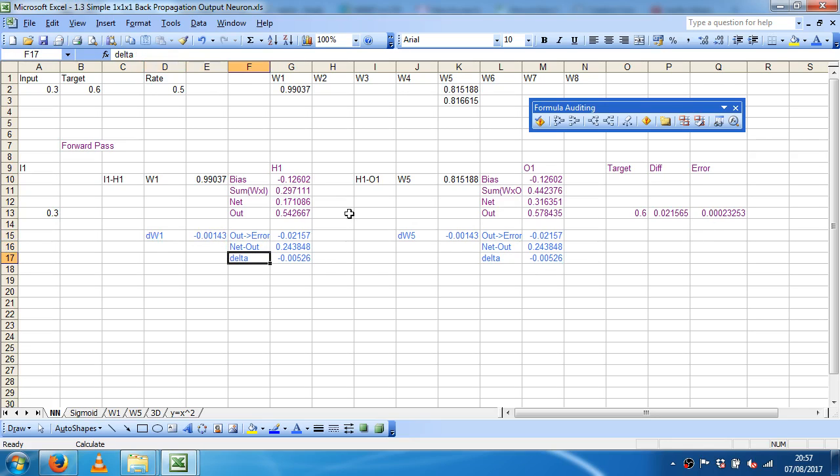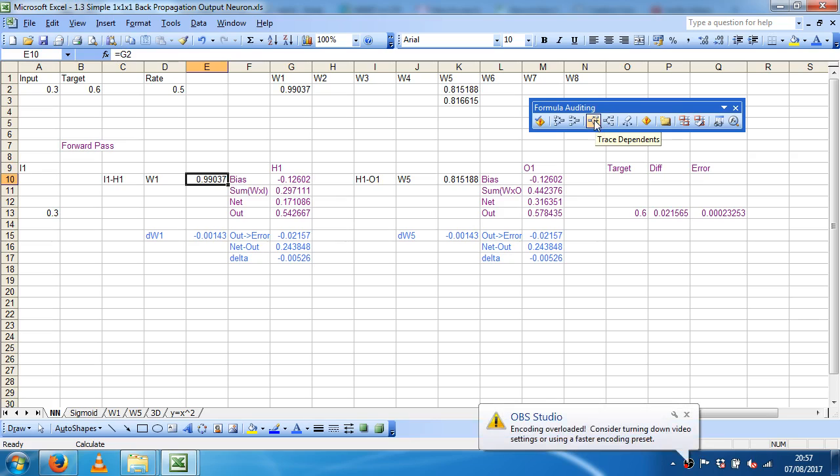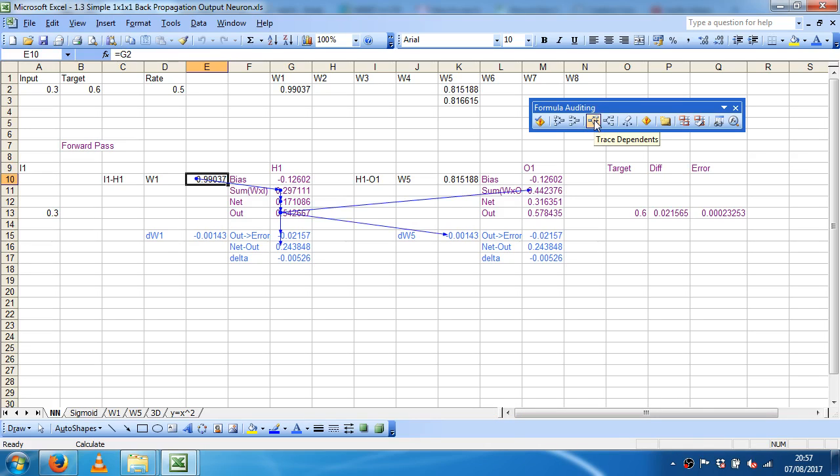So let's start over here and try and work out what happens. Now we know what happens to this because we've typed it all in, but let's just recap. It goes into the summing function, it adds into the bias, we apply the sigmoid function, that gives us the output of the hidden node. That output of the hidden node gets fed into the summing function of the output node.